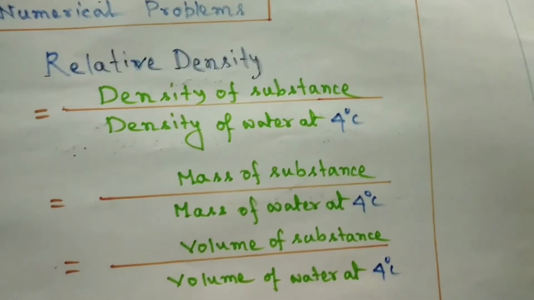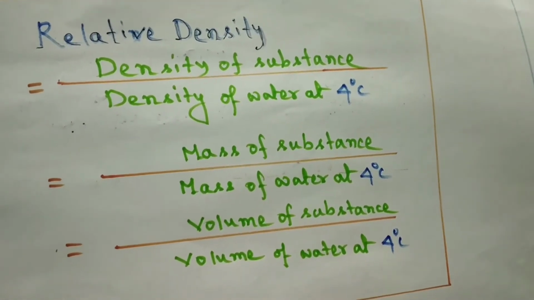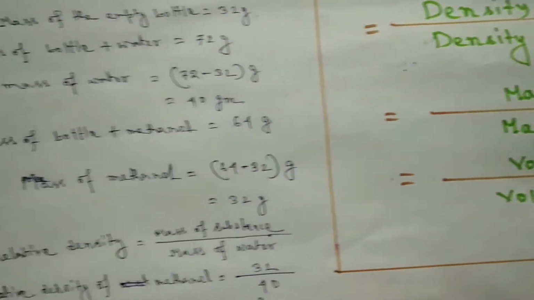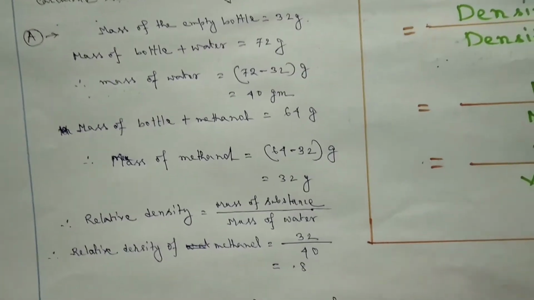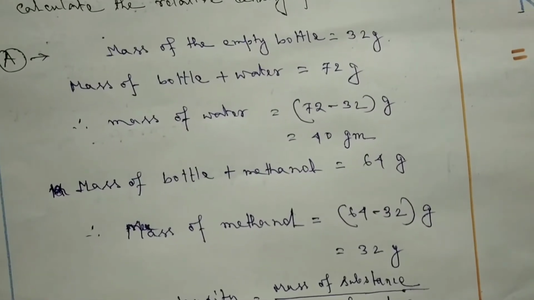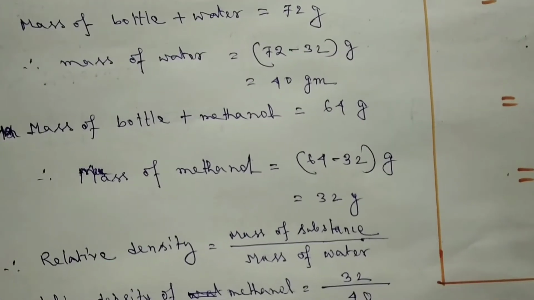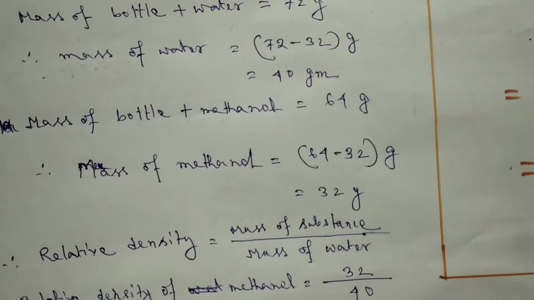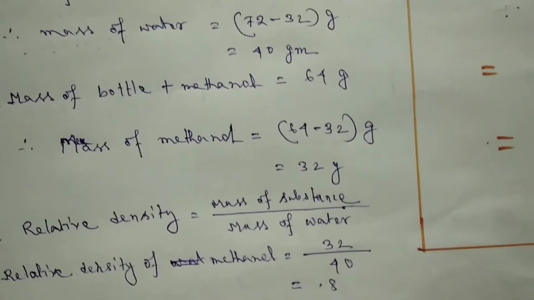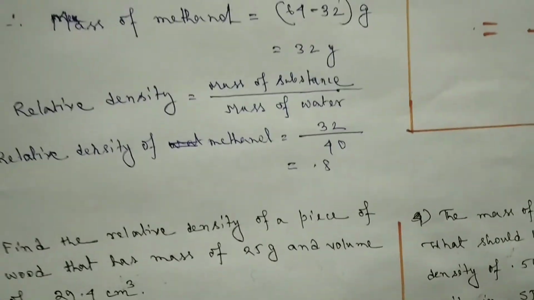Now relative density is equal to mass of substance by mass of water at 4 degrees centigrade. We can assume that the temperature of this water is 4 degrees centigrade. So the relative density of methanol is mass of methanol by mass of water, which is equal to 0.8.